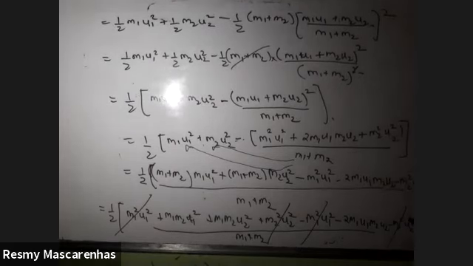Okay. So if you notice, in the next step, everywhere m1, m2 is common. So in the next step, just take out m1, m2 common everywhere, from all the terms.